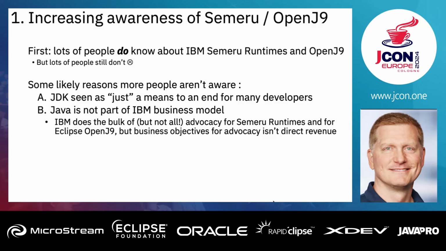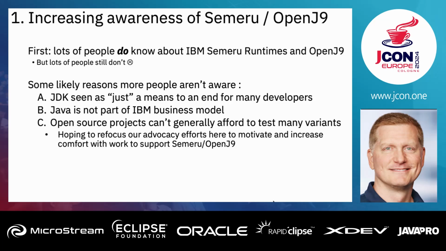So it gives us some freedom of action, but it doesn't actually contribute to the direct revenues of IBM, and so IBM doesn't tend to invest all that much in advocacy because it just doesn't matter to our business. It's not a good enough payback. So that means we don't spend lots of money going out there and talking to lots and lots of people and trying to get the word into everybody's ear.